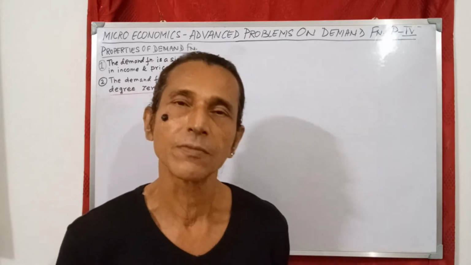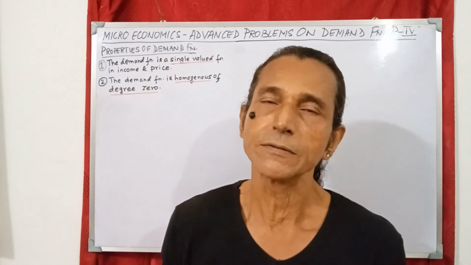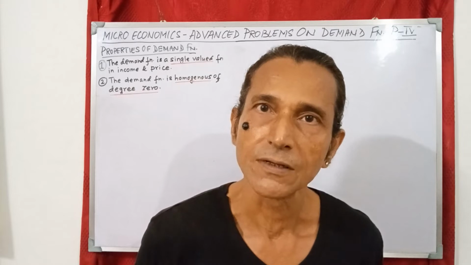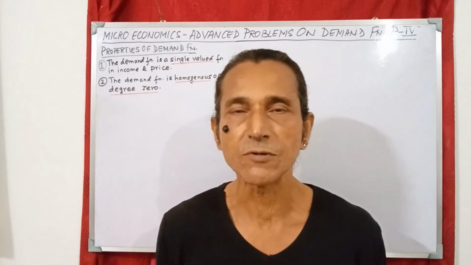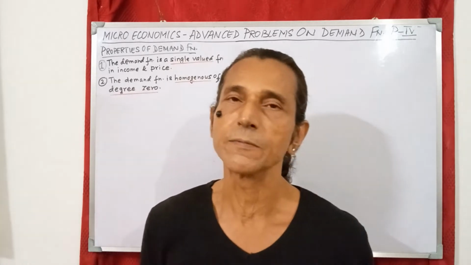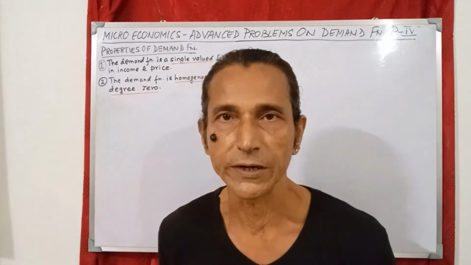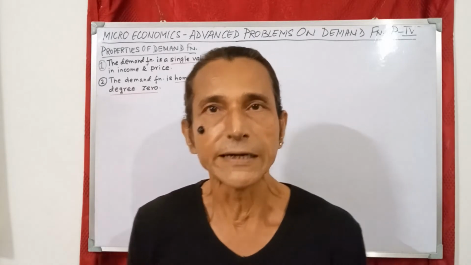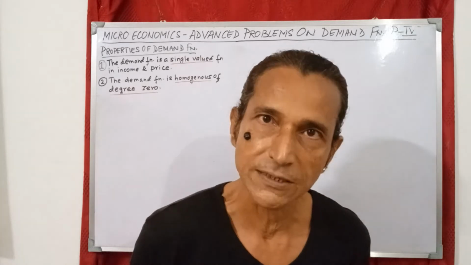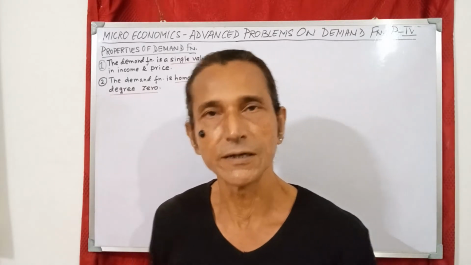This means if the income of the consumer and prices of the commodities increase by same proportion, then the consumer will buy the same commodity bundle as he or she was buying before the change. Similarly, if the income of the consumer and the prices of the commodities decrease in the same proportion, then also the consumer will purchase the same bundle of commodities as he or she was purchasing before the decrease.